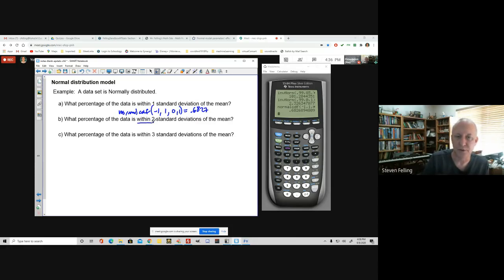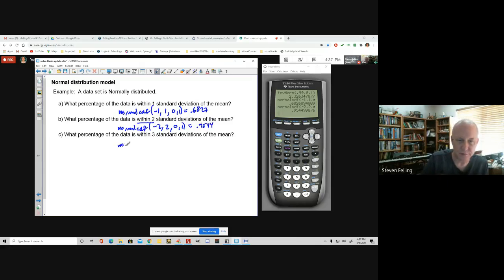If we wanted to be within 2 standard deviations, then I could go from a z-score of -2 to a z-score of 2. If I did that, we're going to get roughly 95% of the distribution, 0.9544.